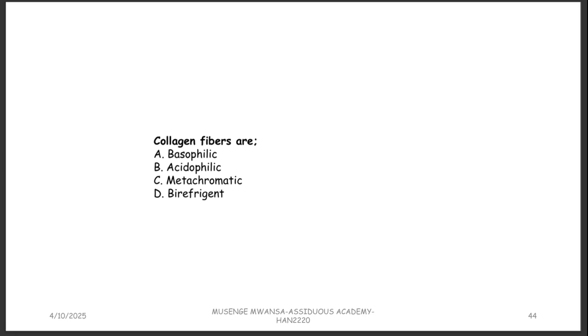And when you look at B, acidophilic, really not to say acidophilic. Metachromatic is a property for another cell, not collagen fibers. But these are birefringent. Birefringence just means a property where the things can reflect light.